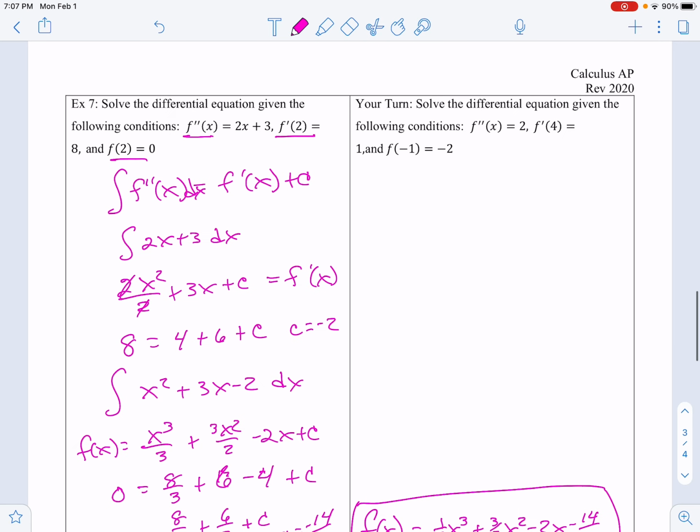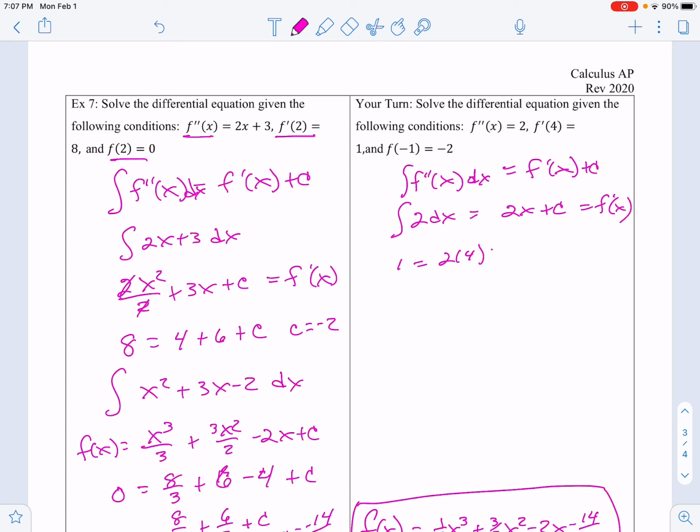Let's do this one too. If I integrate f double prime of x, I get f prime of x plus c. So the integration of 2 dx is equal to 2x plus c. That equals f prime of x. It's telling me 1 is equal to 2 times 4 plus c. So c equals negative 7. Now I integrate 2x minus 7 dx.